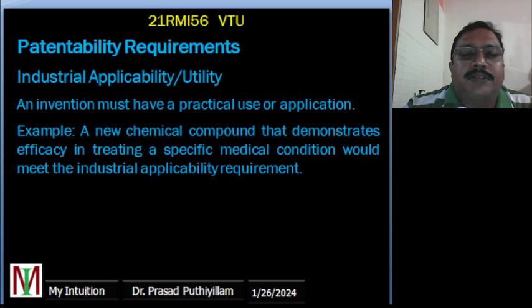These inventions reduce energy consumption, which we already studied. Therefore, the electricity bill will be less for consumers. The tangible benefits are their ability to conserve energy resources and contribute towards a sustainable and eco-friendly environment. That is the tangible benefit.